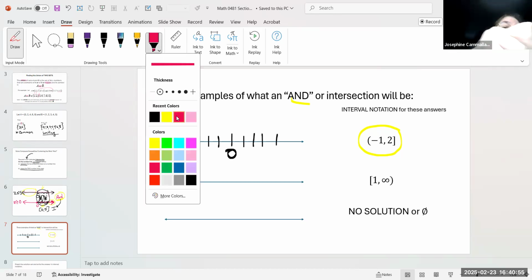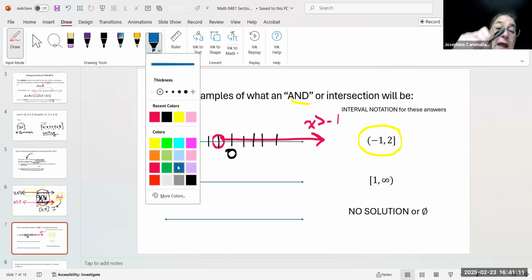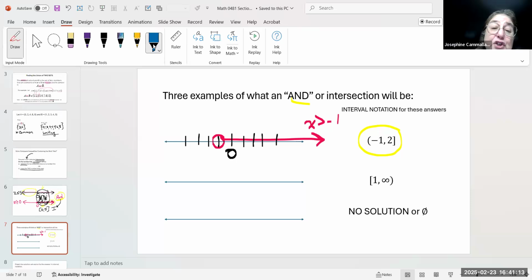Now, I am going to have a -1, and I'm going in this direction. This is my x greater than -1. I have this 2, which is right here, and it's going to go in the opposite direction.